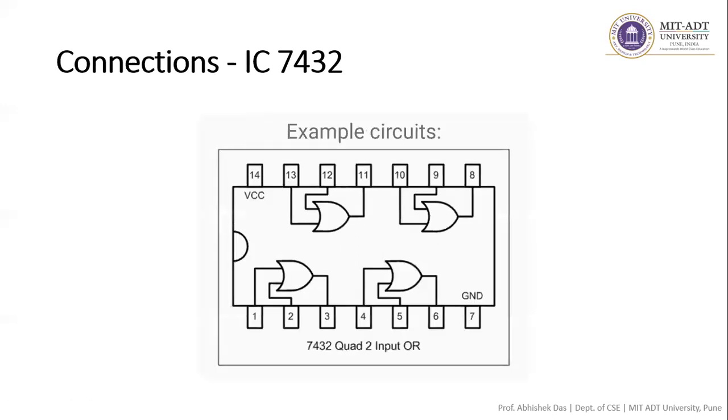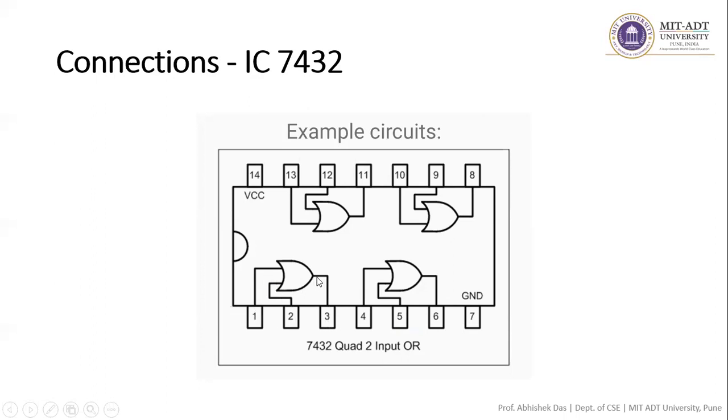Now this is how the OR gates are connected, just as I explained. This symbol is called the notch of the IC, so you will have to place this notch at the top. For pin number 1 and pin number 2, these are the two inputs, and pin 3 is the output. Again, 4 and 5 are the inputs, and 6 is the output.